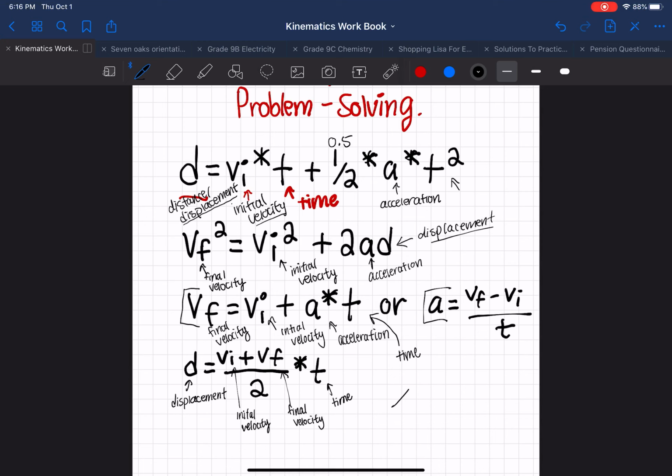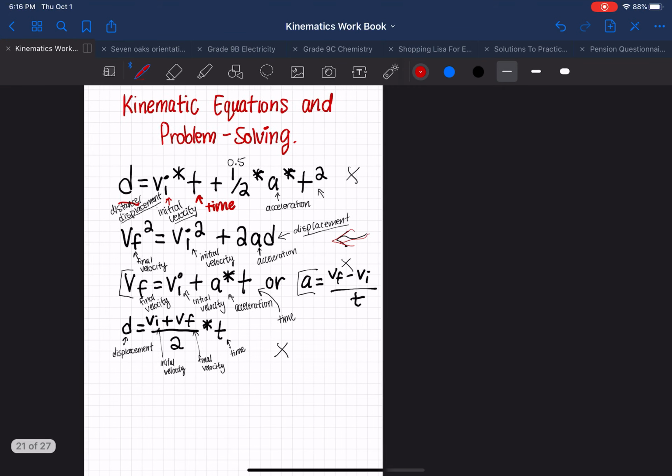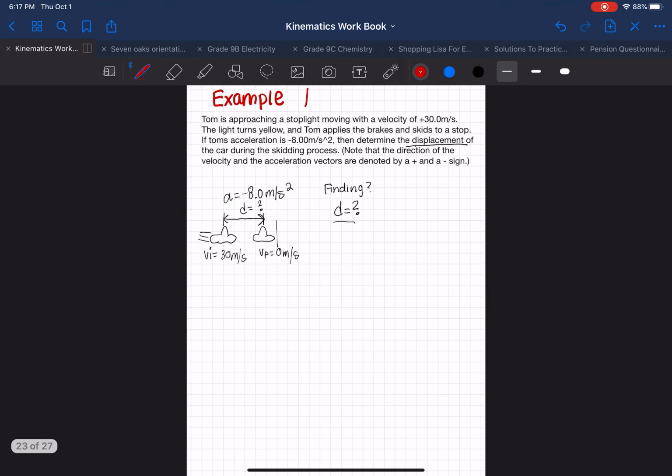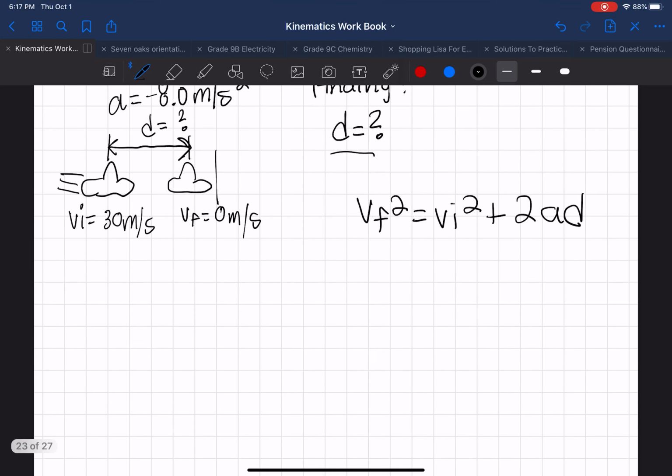So that cancels out this one, and this one. So we can use this one. Okay, so we're using VF squared equals VI squared plus 2 times acceleration and displacement. So we're going back to our question, and we have decided our formula that we will use is VF squared equals VI squared plus 2AD.